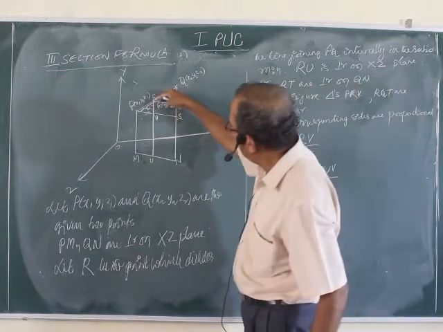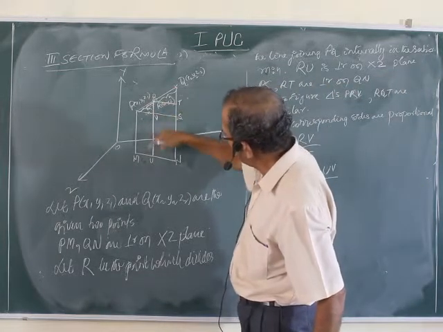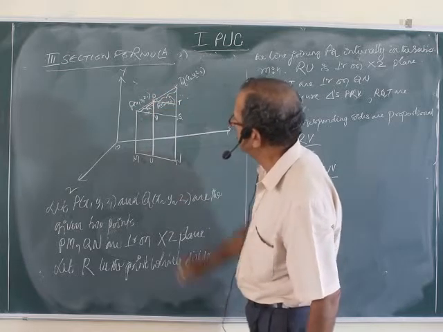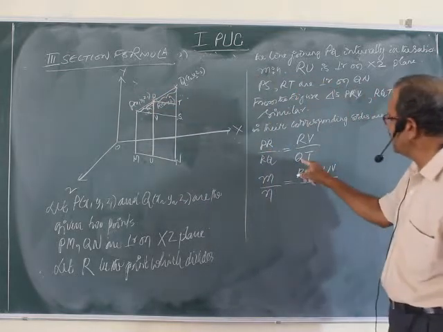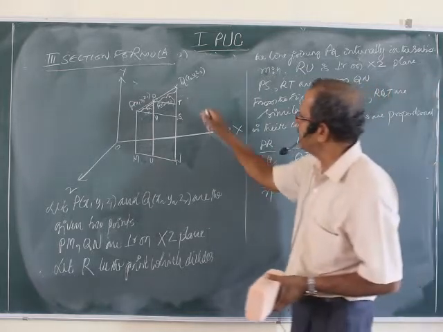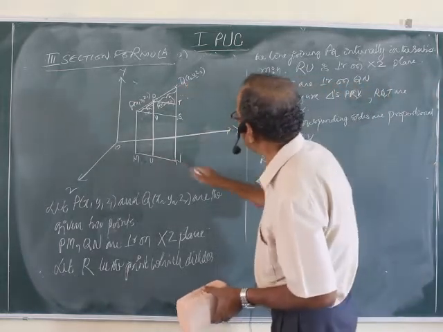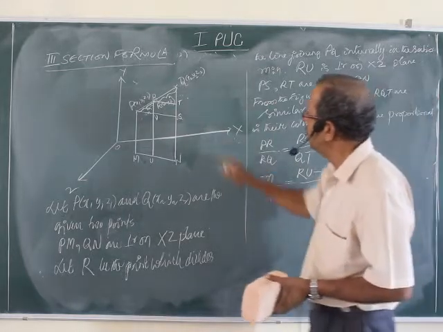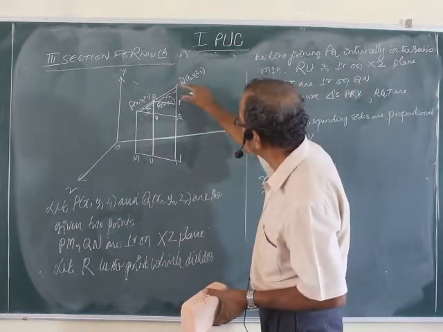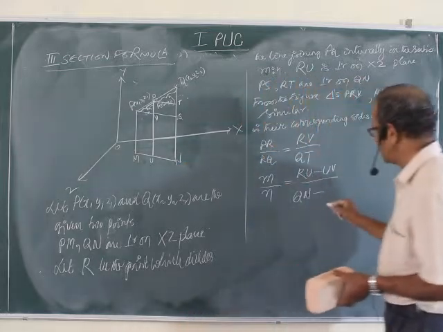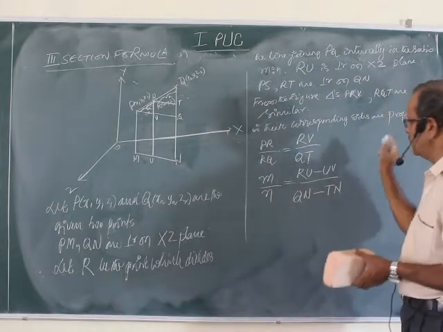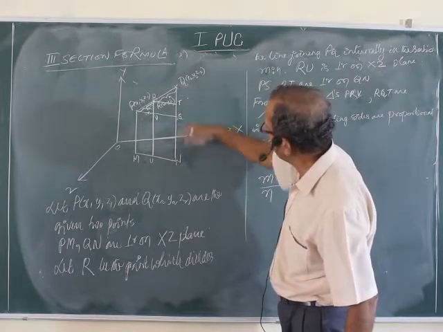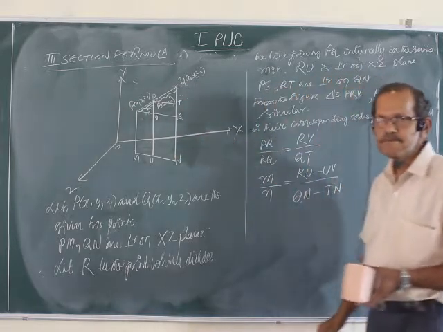You can see here, RV equals RU minus UV, this portion, divided by QT, which can also be written as total height QN minus TN. Correct, no? Again, QT equals QN minus TN.